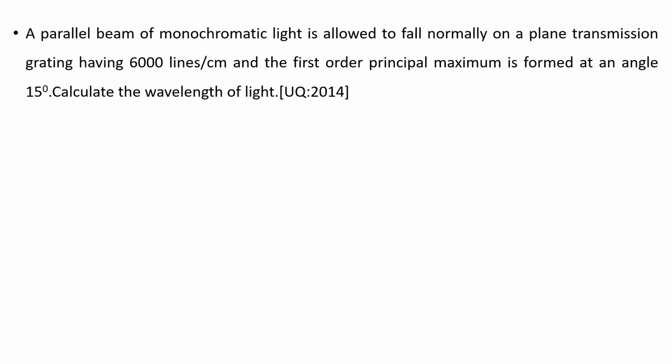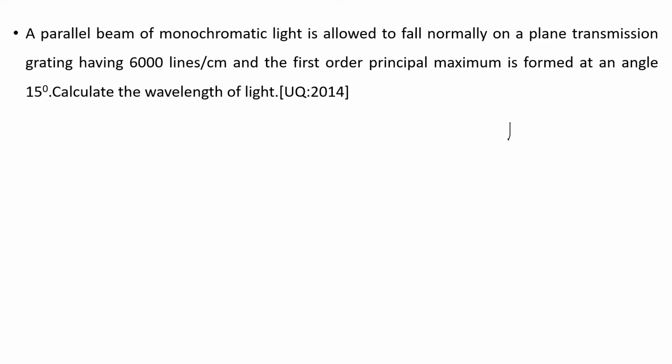The next problem is a parallel beam of monochromatic light is allowed to fall normally on a plane transmission grating having 6000 lines per centimeter, and the first order principal maximum is formed at an angle 15 degree. Calculate the wavelength of light.